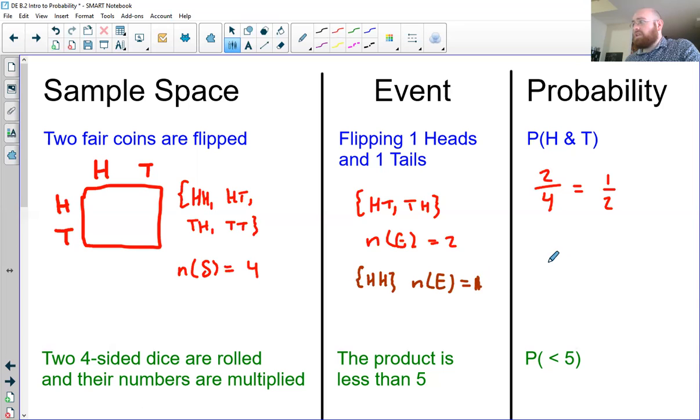So our probability of getting heads, heads would be 1 over 4. So it's twice as likely for us to get one heads and one tails as it is for us to get two heads. And some people find that surprising, but mathematically, it all works out.